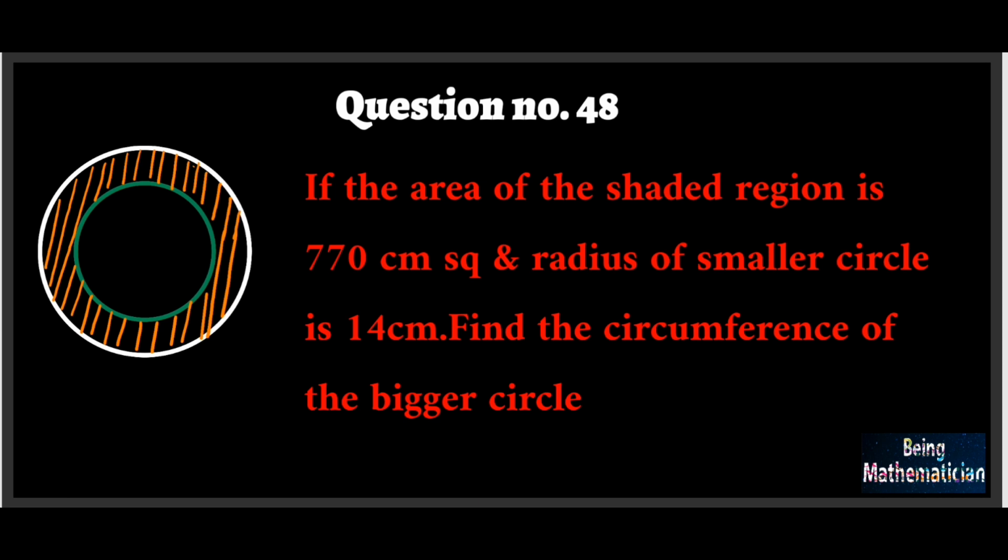Question number 48. Let the radius of this inner circle be small r and the radius of outer circle be capital R. Now, given that the radius of smaller circle, small r, is equal to 14 centimeter.